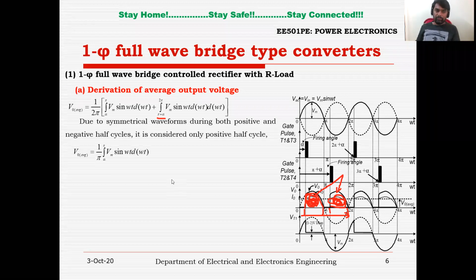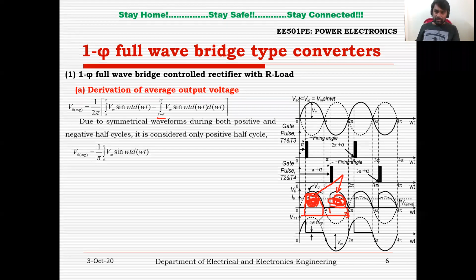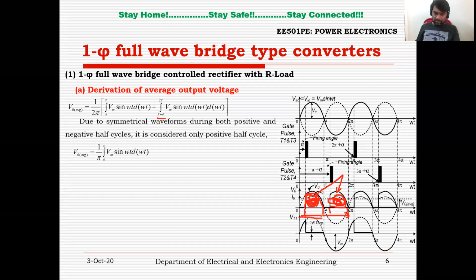So I have considered only one positive half cycle. Now this I am going to consider is 1 by pi, because I am considering only half cycle from the complete one cycle. And from alpha to pi, we are getting some voltage, this portion you can see, right?